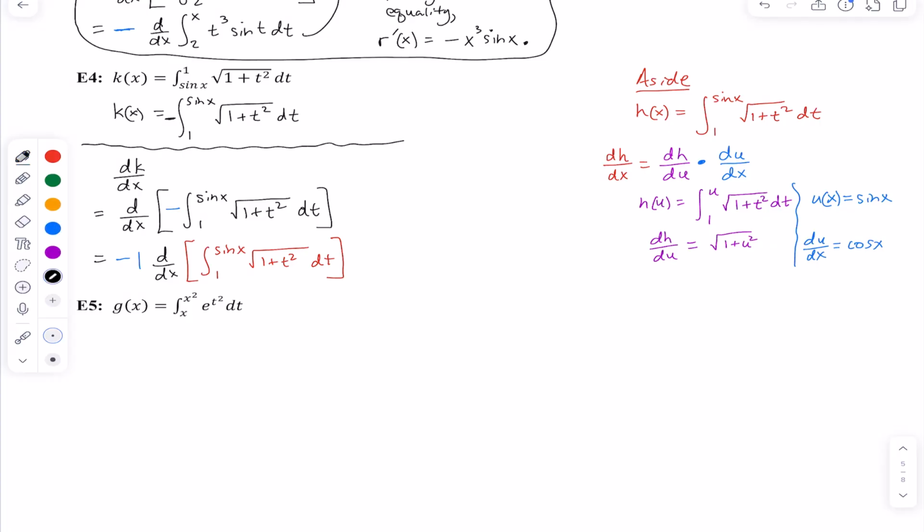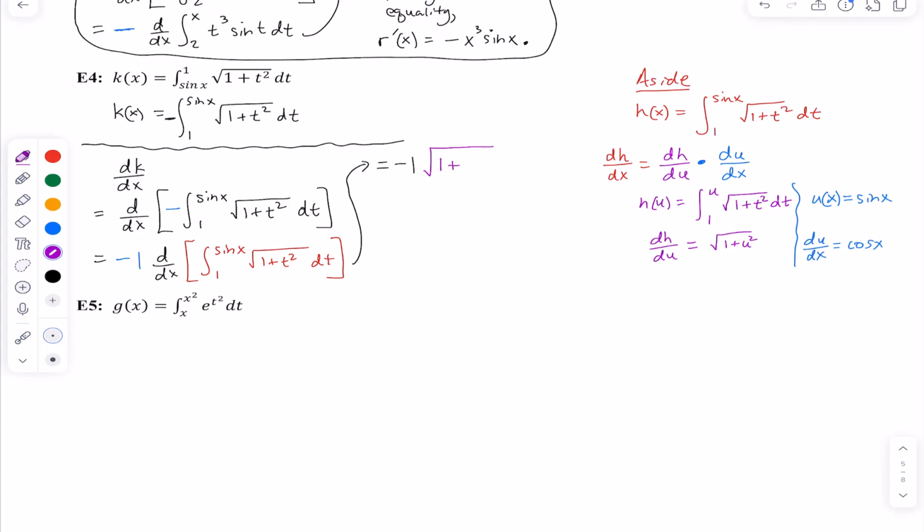And we're ready to substitute. This expression is going to have the same value as the next expression, which is -1 times the derivative of h with respect to u, which is simply the square root of 1 plus u squared.